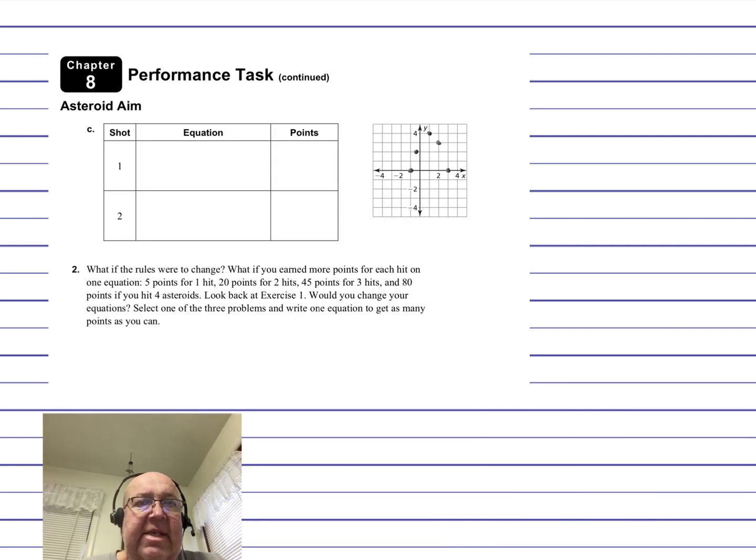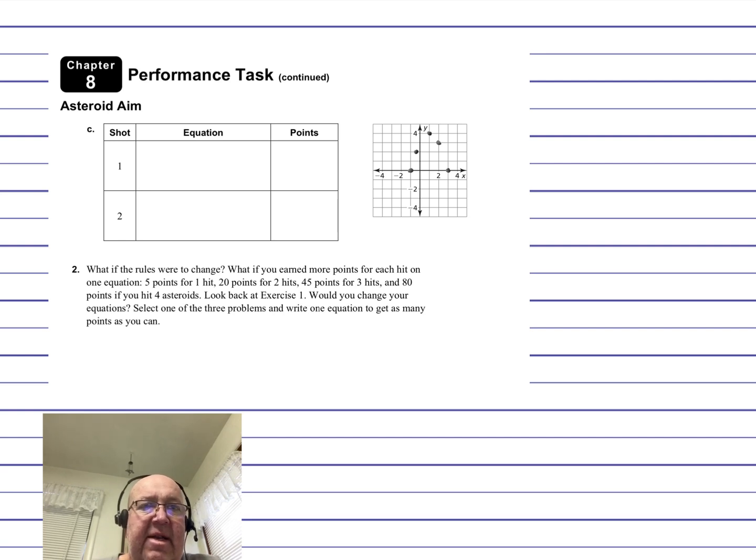So the next thing, part 2, says, what if the rules were to change? What if you earn more points for a hit on one equation: 5 points for one hit, 20 points for two hits, 45 points for three hits, and 80 points if you hit four asteroids?